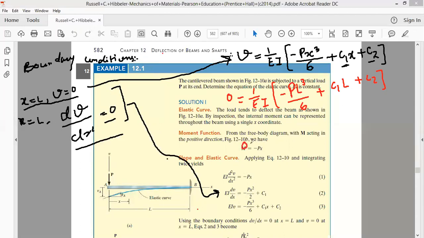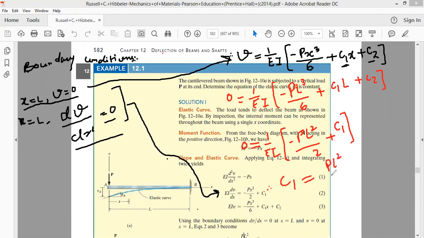It means 0 becomes equal to 1 by EI, at x is equal to L, it will become minus PL square by 2 plus C1. Okay, 1 by EI cannot be equal to 0. Therefore, from this equation we will obtain C1 is equal to PL square by 2.